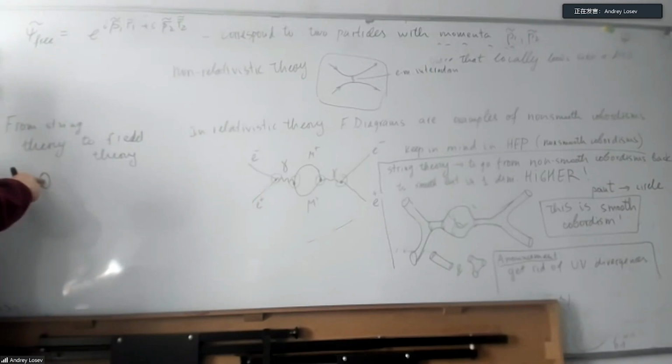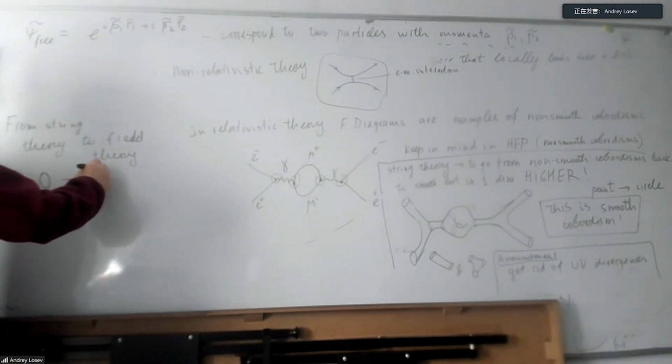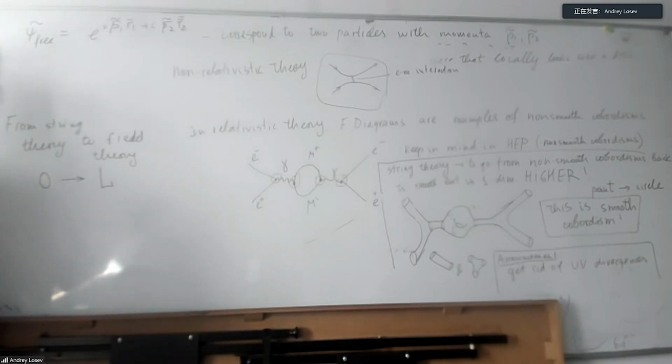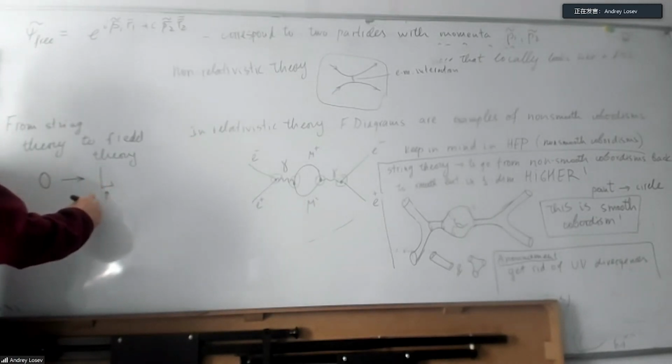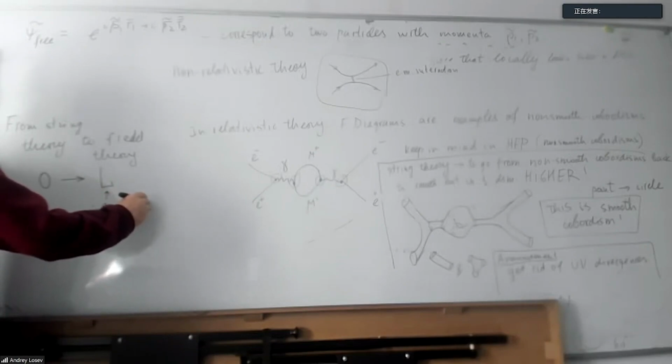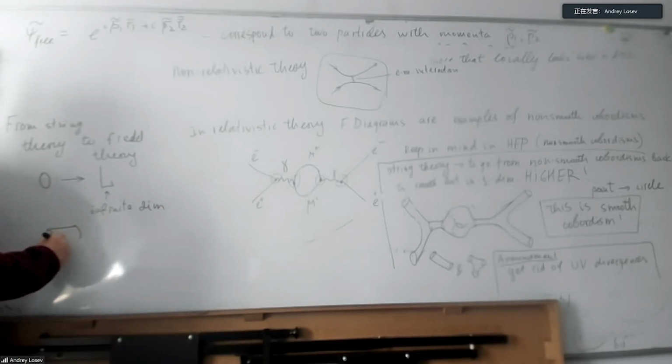As you know, we associate to the circle the space L. Yes, the space L would be infinite dimensional. We have a cylinder.